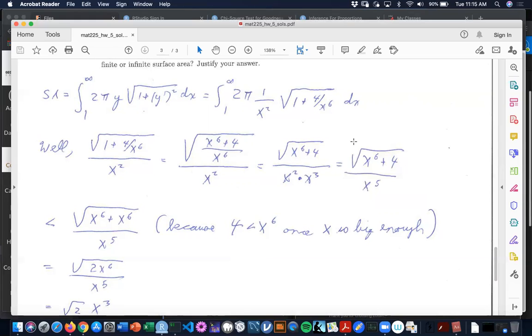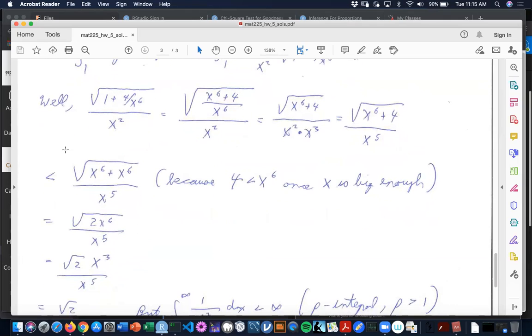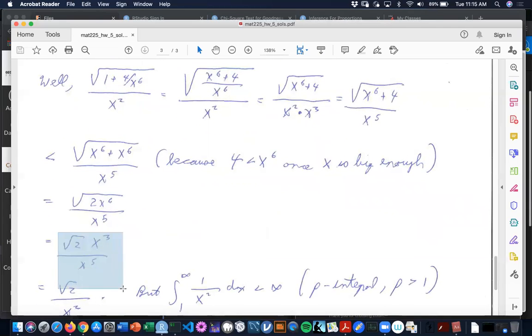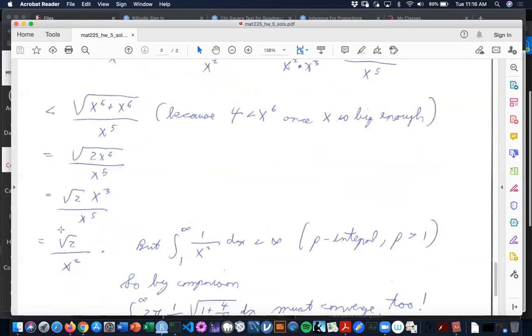So this that I'm selecting now is less than this that I'm selecting now for big enough x's. And then this new stuff is twice x to the 6th, and I can easily take square roots and come up with root 2 over x squared.